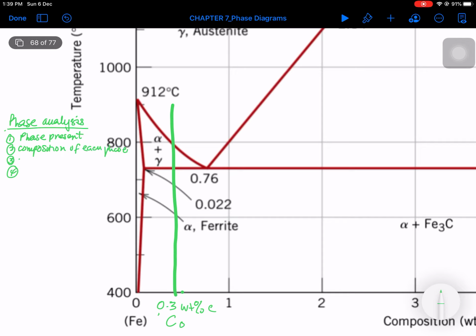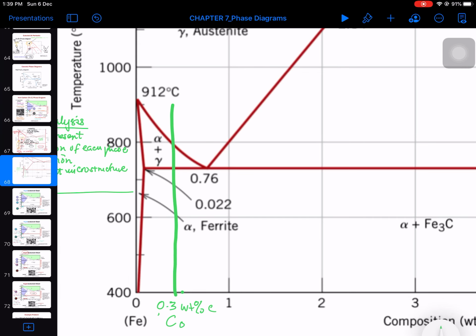The third one is the weight fraction of each phase, and the fourth one is the resultant microstructure. We are going to look at these 4 things at various temperatures.